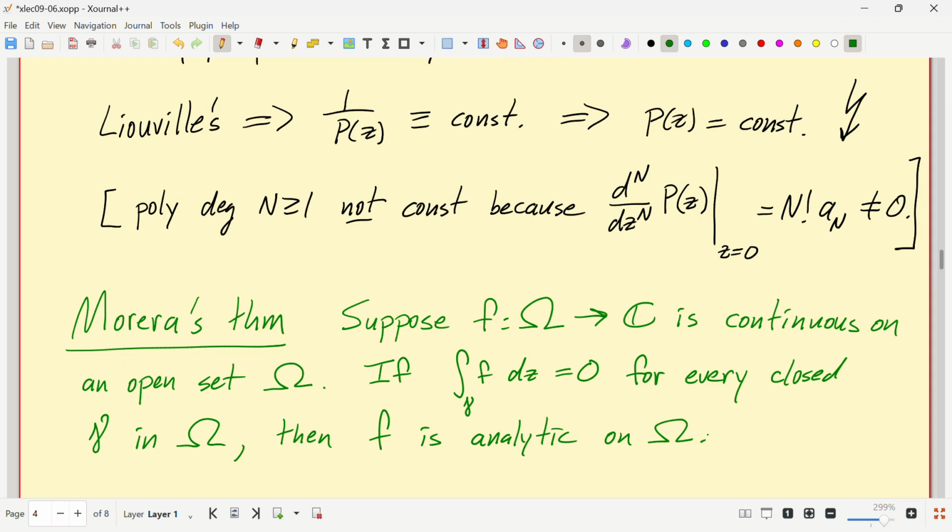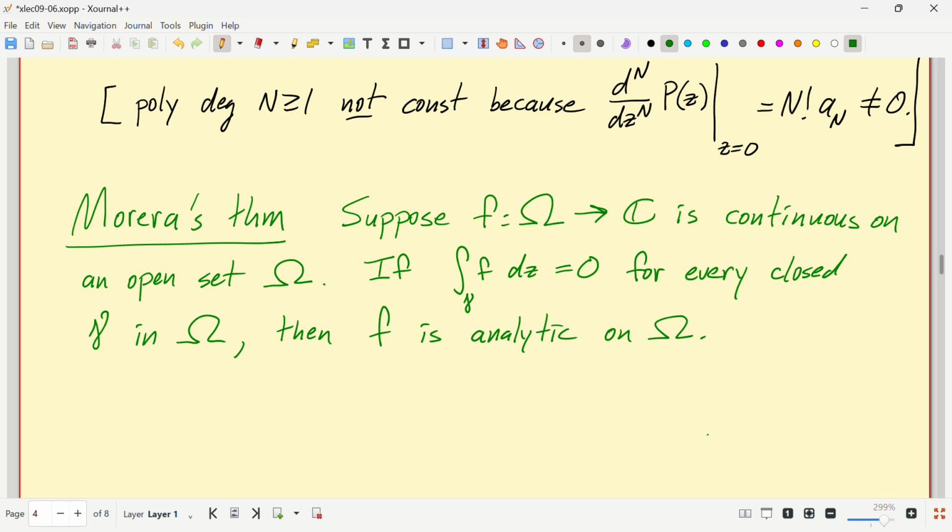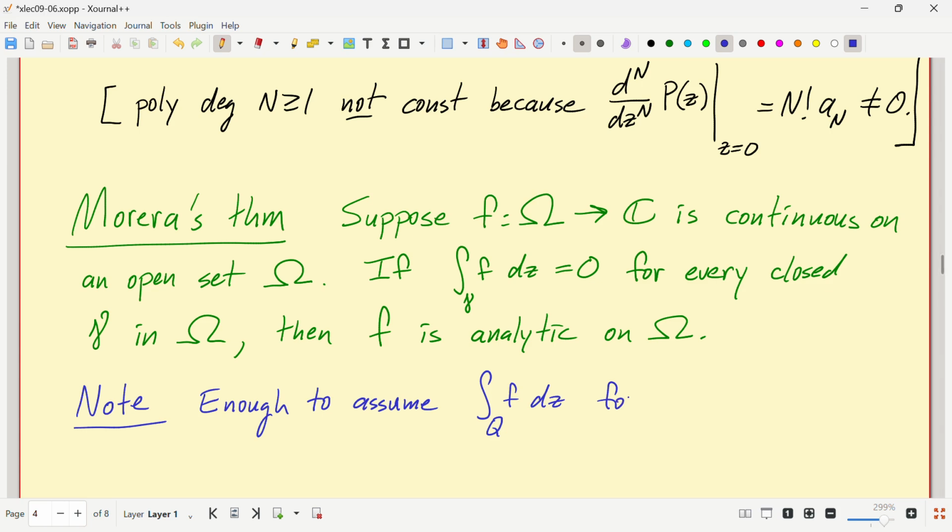Okay, sounds like it might be hard, but we've actually done everything we need to do to prove this theorem. In fact, note all I need to know, I don't need to know every gamma, I just need to know triangles. So it's enough to assume the integral around triangles in omega is 0.